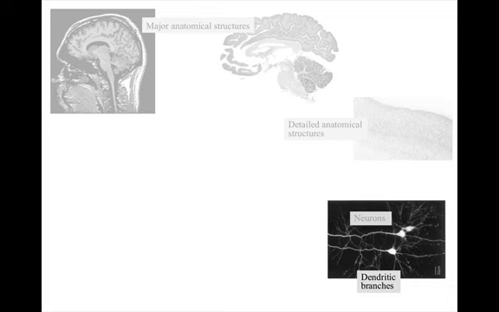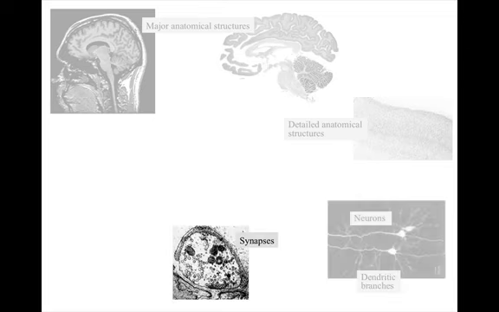For example, a dendritic tree with lots and lots of branches. And at an even more detailed level, there are, for example, synapses. On average, a neuron has inputs from about 10,000 other neurons. And each of these inputs arrives at a different synapse, with most of the synapses located on the dendritic tree.